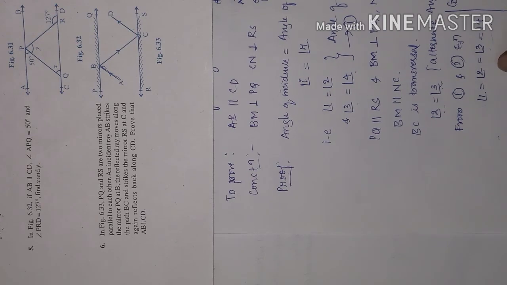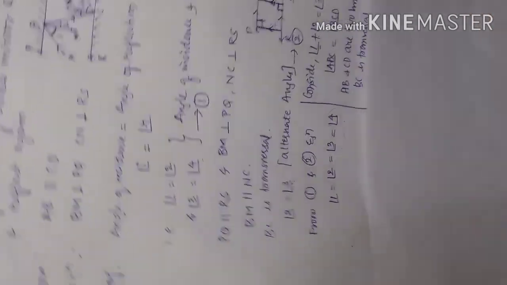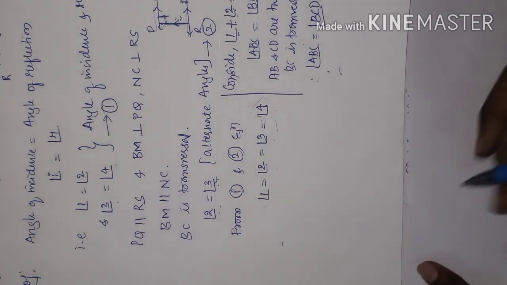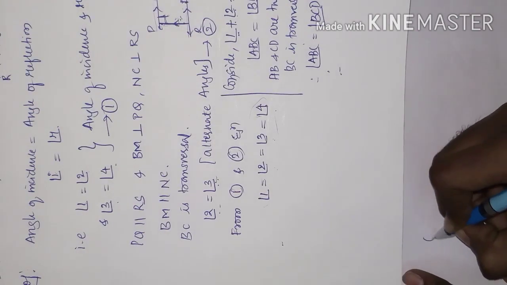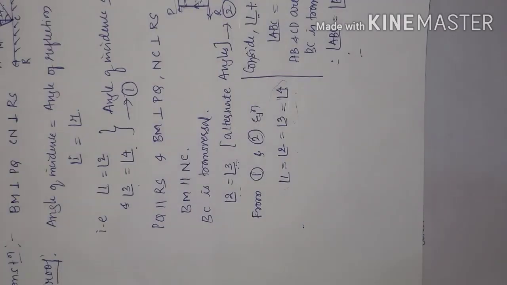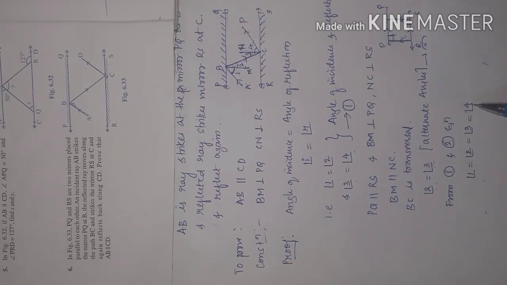Okay, let me continue in the next page. So as we said, we'll consider some angles. Angle 1 is equal to angle 2, angle 2 is equal to angle 3, angle 3 is equal to angle 4. Now let us continue the example in the next page.